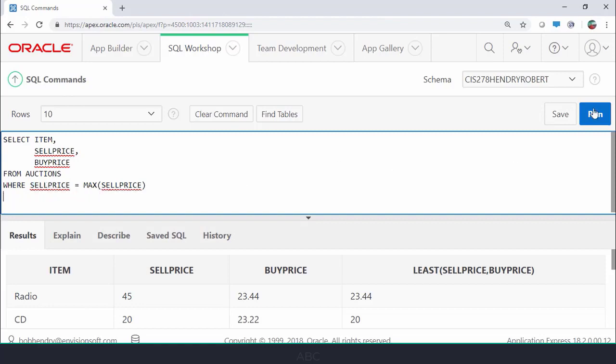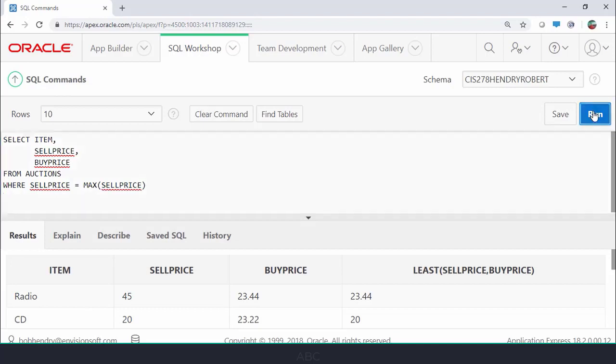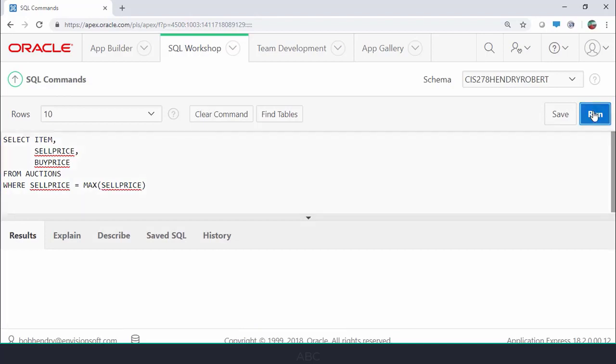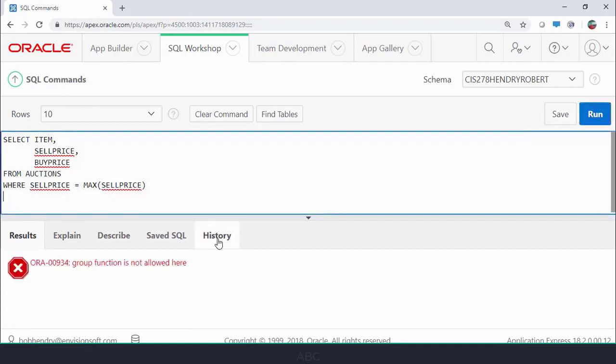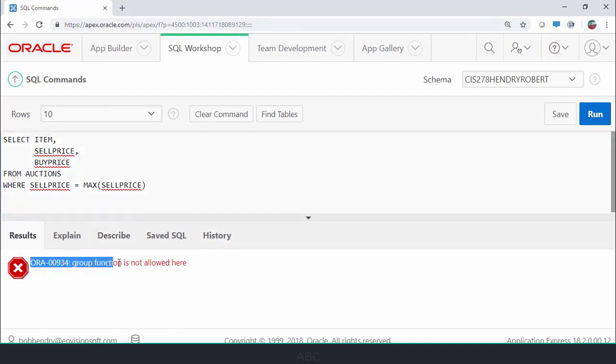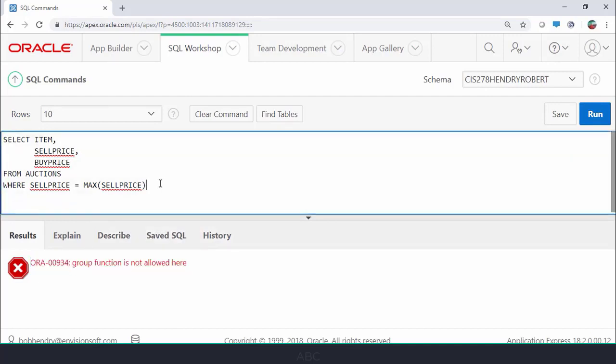So when we run this, we might get some mixed results here. In this case, we got this error message, which is expected. We can use aggregate functions in a where clause if it's part of a subselect.